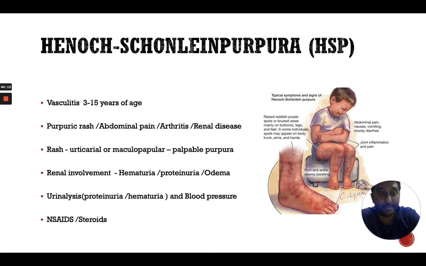They can be hypertensive, which is a sign of nephritic syndrome. Treatment is usually NSAIDs and steroids. This is the only condition where gastric region pain can be treated with NSAIDs and steroids.